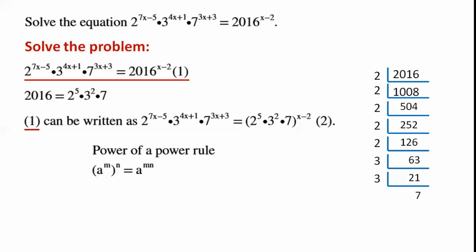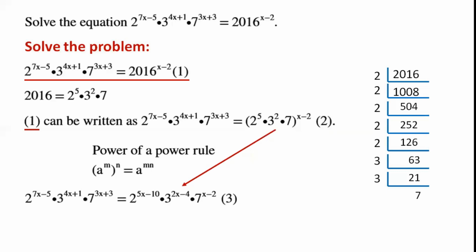By applying the power of a power rule, 2 to the power of 7x minus 5 times 3 to the power of 4x plus 1 times 7 to the power of 3x plus 3 can be written as 2 to the power of 5x minus 10 times 3 to the power of 2x minus 4 times 7 to the power of x minus 2.